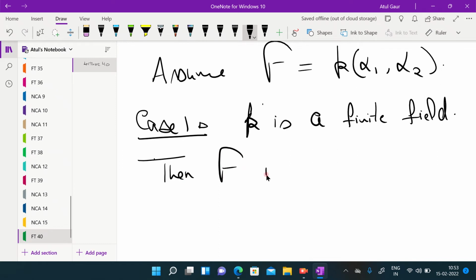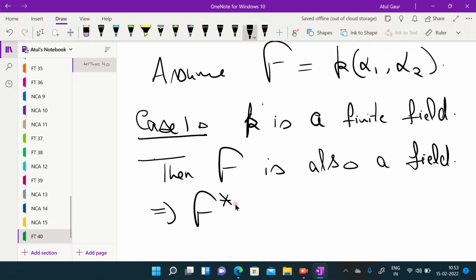Then F is a finite field, and this would mean F star is a finite field, so you already know that the non-zero elements in a finite field form a multiplicative cyclic group. So F star is a multiplicative cyclic group.